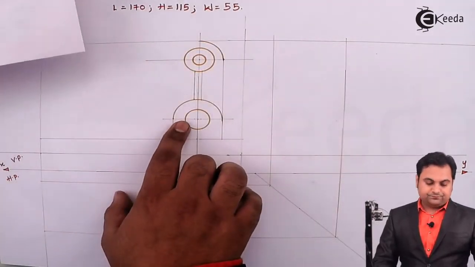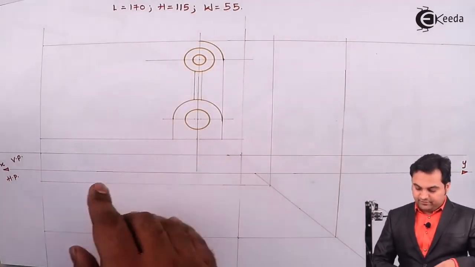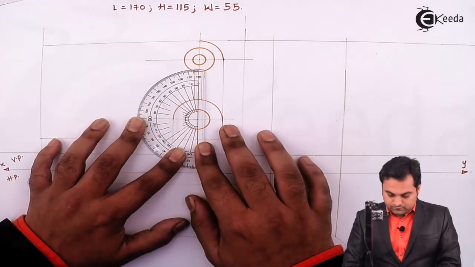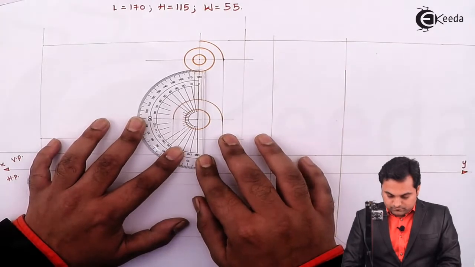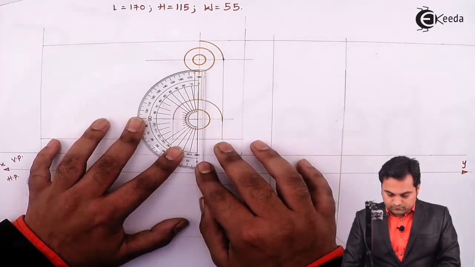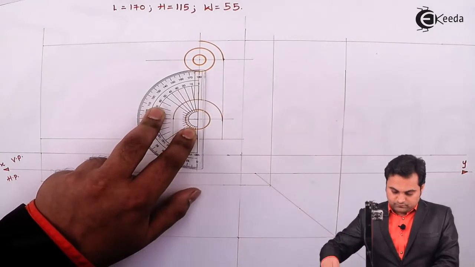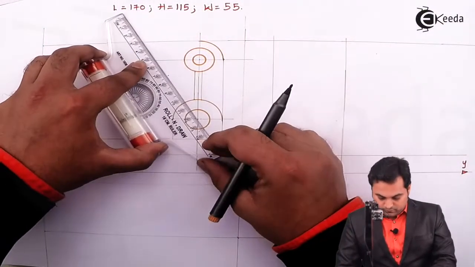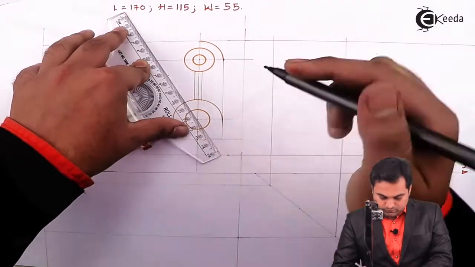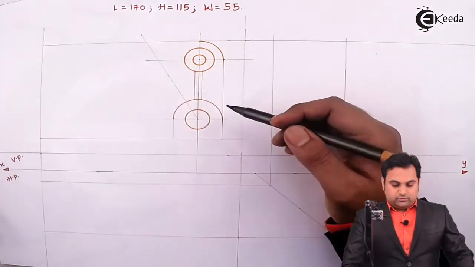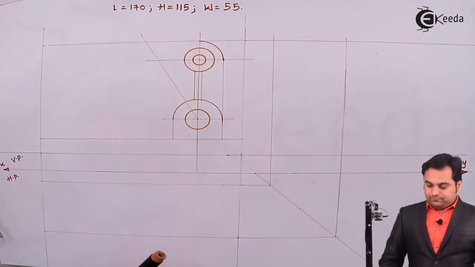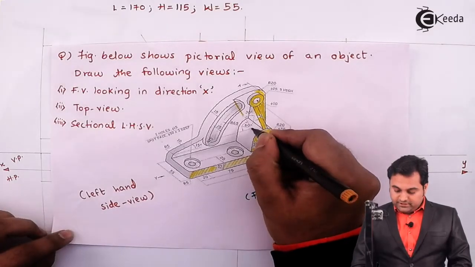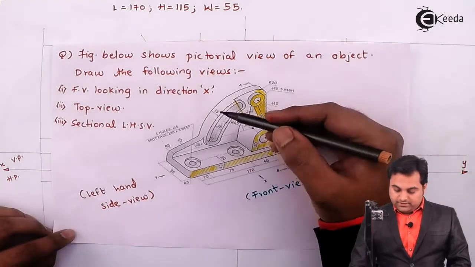So here I'll be taking 30° from this point. Drawing a light line.